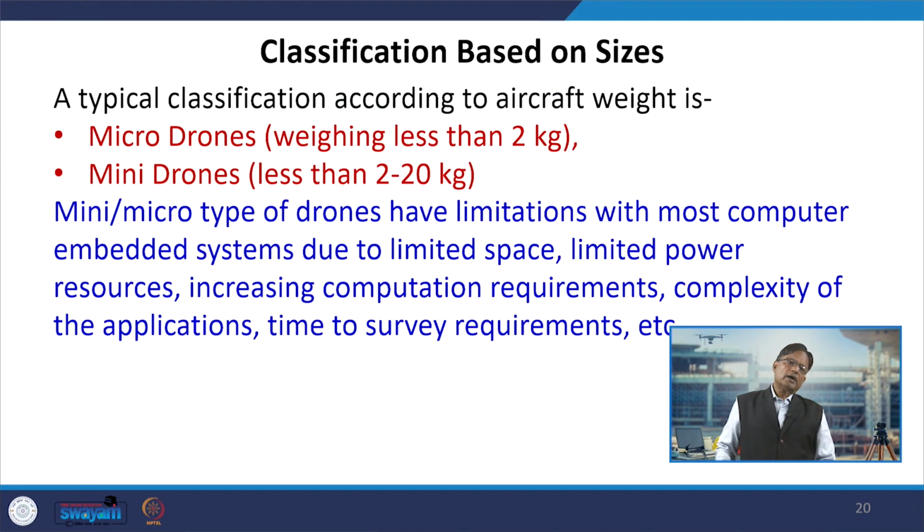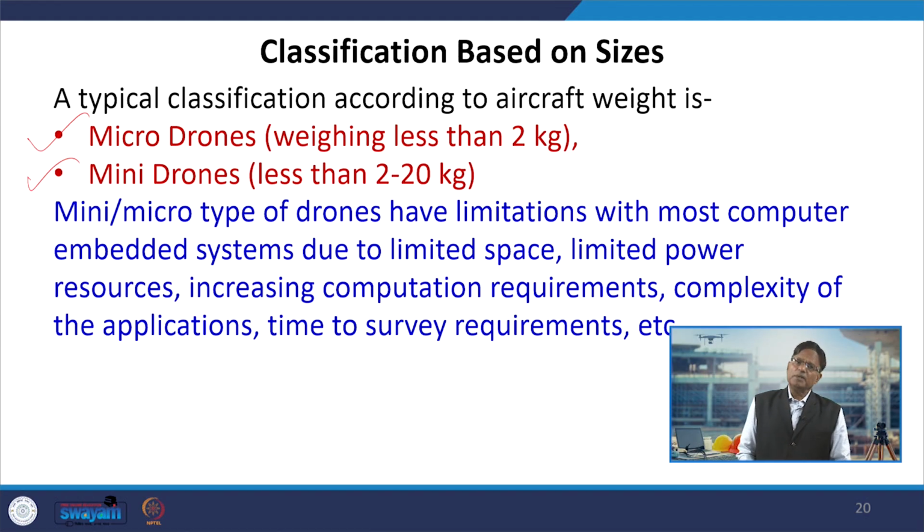Now, if we classify the drones on the basis of their size, the typical classification is the micro and the mini drones, where micro means weighing less than 2 kilograms, and mini drones are between 2 and 20 kilograms.